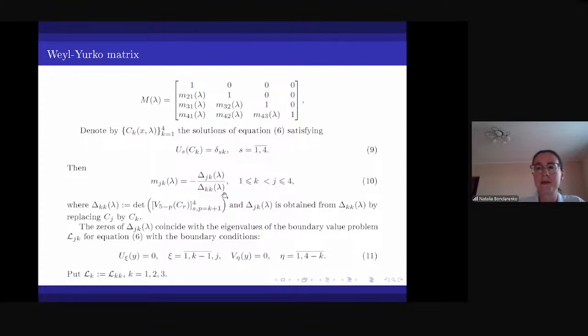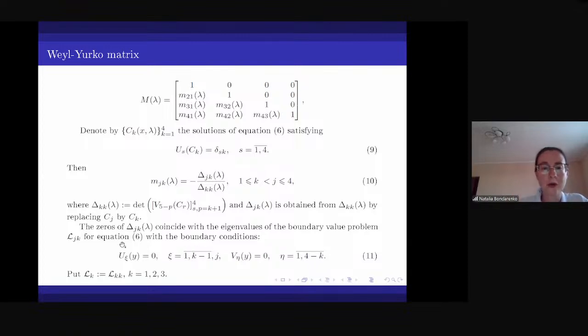So they are the poles of the elements of the Weyl matrix. The zeros of delta_1,1 are the poles for the first column. The zeros of delta_2,2 are the poles for the elements of the second column. And the zeros of delta_2,3 are the poles of this element.